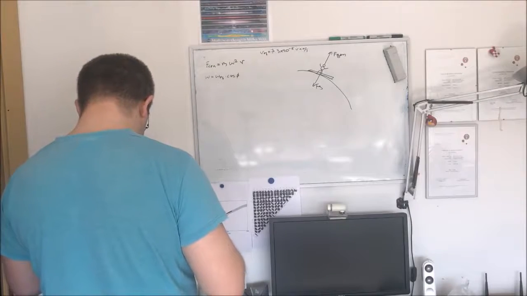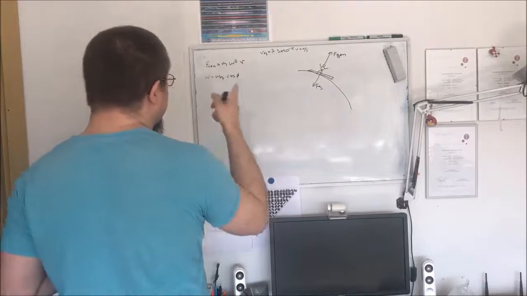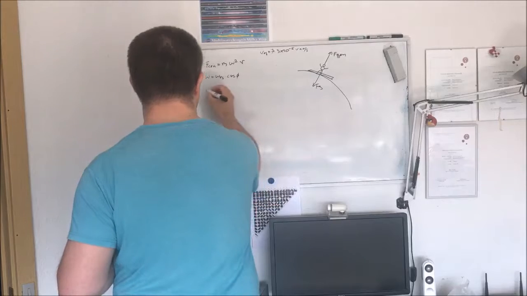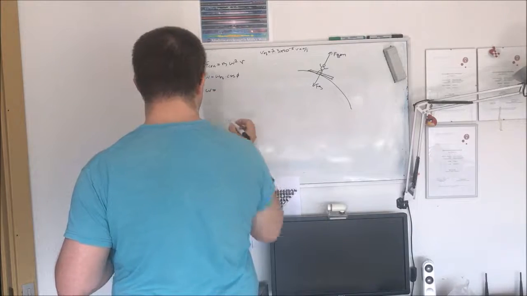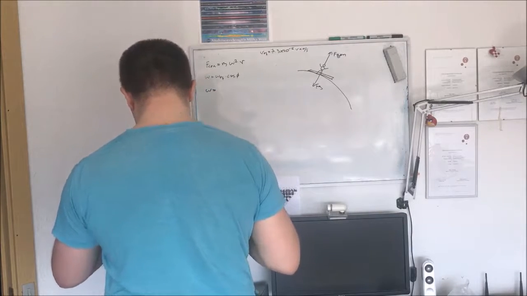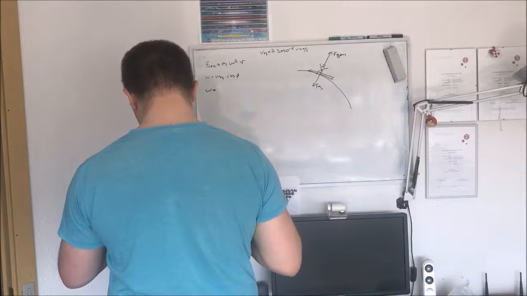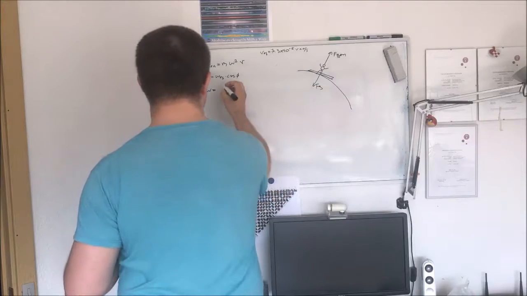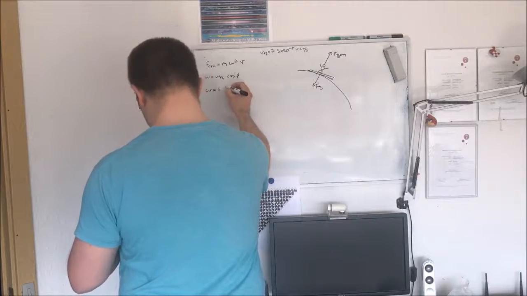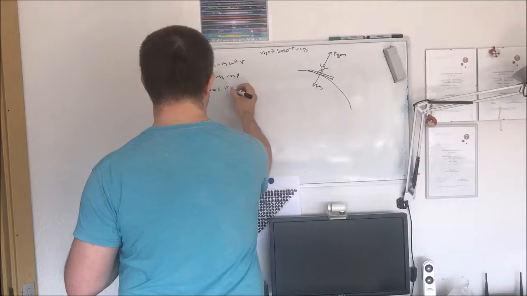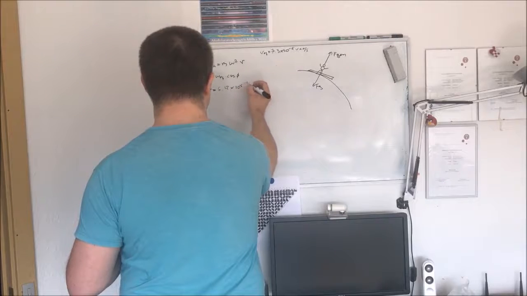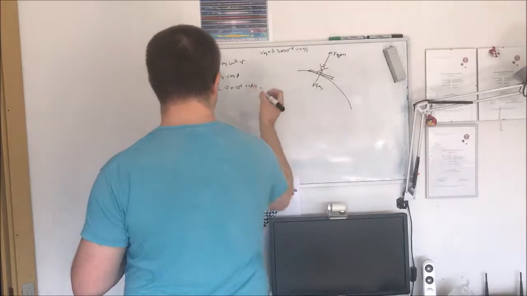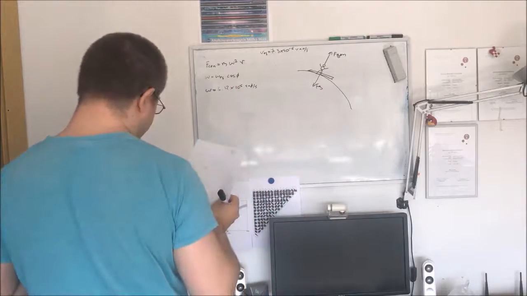So let's calculate ω. Given I have found ω for some, I think it's 33, maybe it's 30 latitude. Nevertheless, it's 6.12 times 10 to the minus 5 radians per second, and that is for the plane.